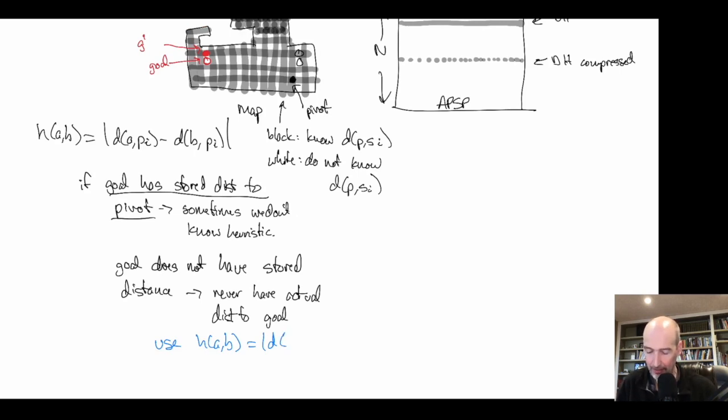So if I have it, I'm going to take the distance of A to the pivot, and then the distance of B prime to the pivot. In this case, B prime, using the same notation, is the surrogate goal. Then I subtract the distance from B prime to B.